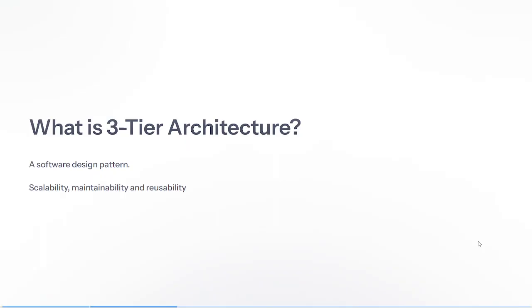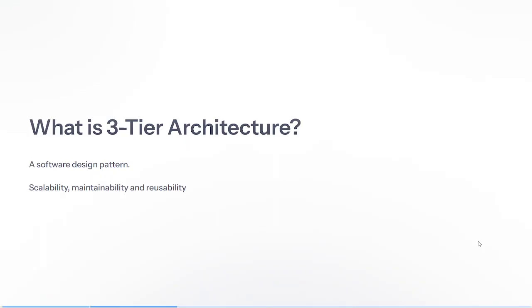By using this pattern, we usually separate our source code, our system, into different layers, in different parts. So a three-tier architecture means separating our entire system, our entire source code, our entire program into different layers, in different parts.